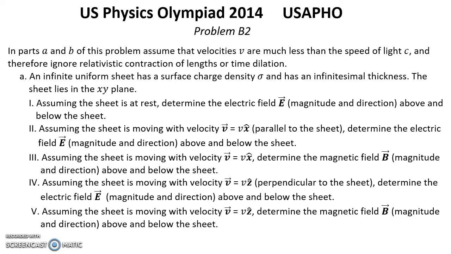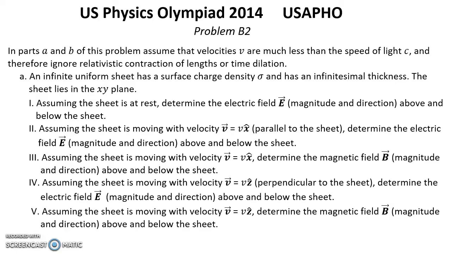Question 1. Assuming the sheet is at rest, determine the electric field E, magnitude and direction above and below the sheet. Question 2. Assuming the sheet is moving with the velocity v in the x direction parallel to the sheet, determine the electric field E, magnitude and direction above and below the sheet.